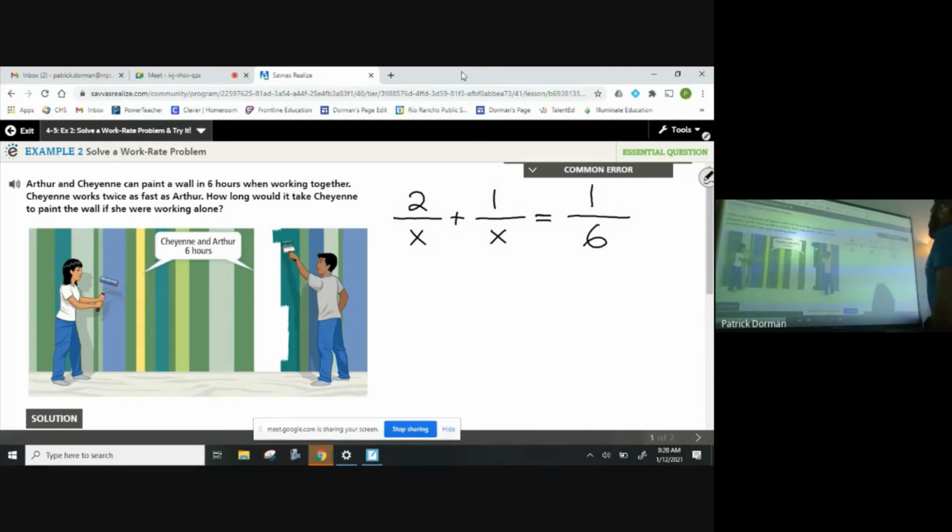Let's go ahead and use a common denominator to solve it. What would our common denominator be? Now, I could multiply all of these in order to get my common denominator. Or I could realize that, and it wouldn't be wrong to say, our common denominator was 6x squared, right? Because that's 6 times x times x. And you would get the right answer.